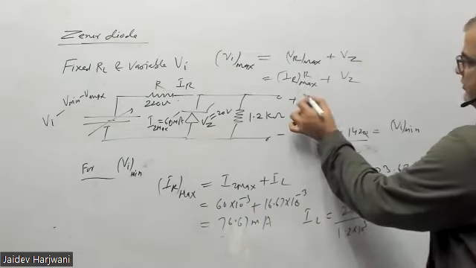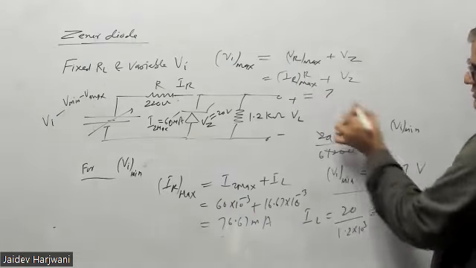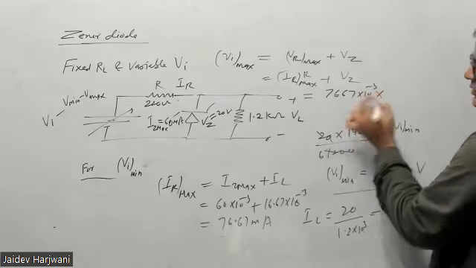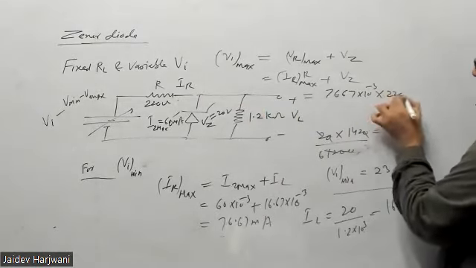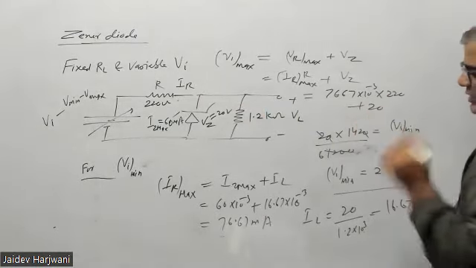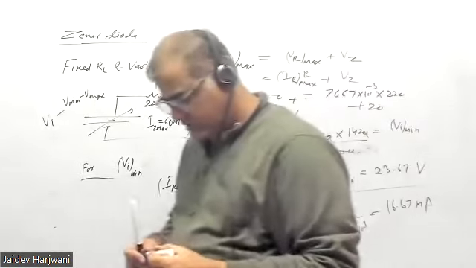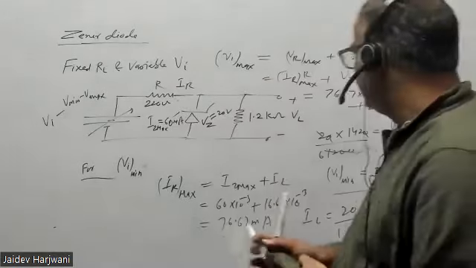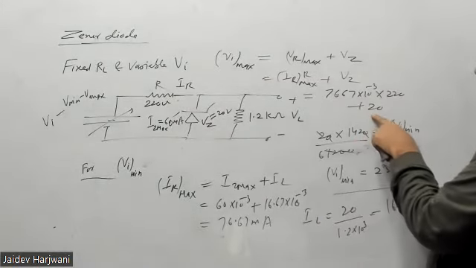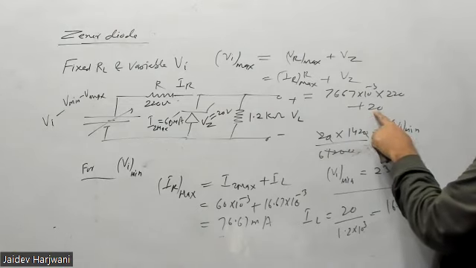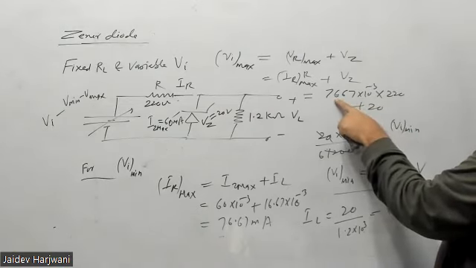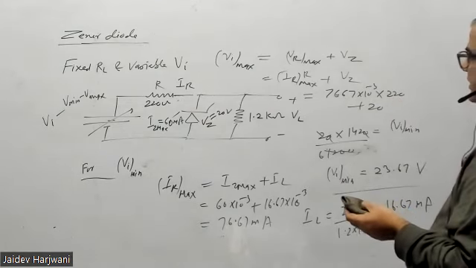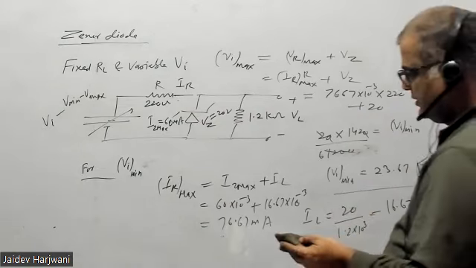Now put the values here. 76.67 milliampere into 220 ohm plus VZ, which is 20. Tell me how much you get solving this. Let me check again, one second.